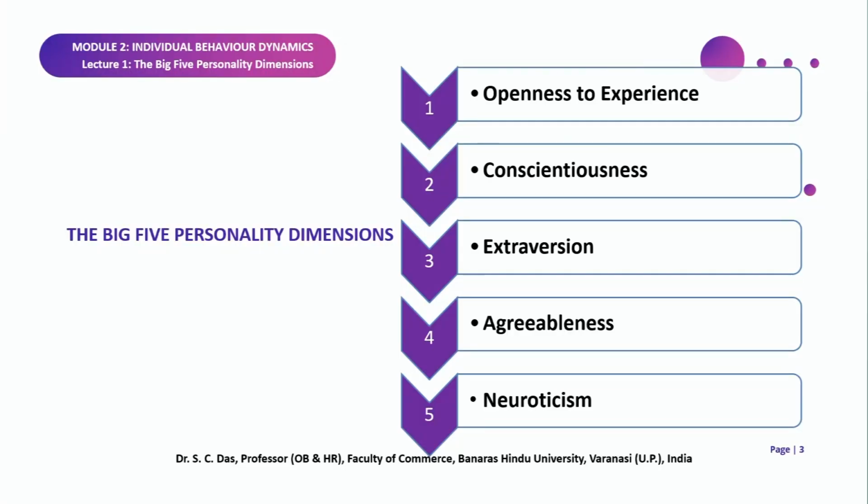Let us start the beginning of the Big 5 personality dimensions. Openness to experience, conscientiousness, extraversion, agreeableness, neuroticism. There are 5 different personality dimensions, which is the 5-factor model.